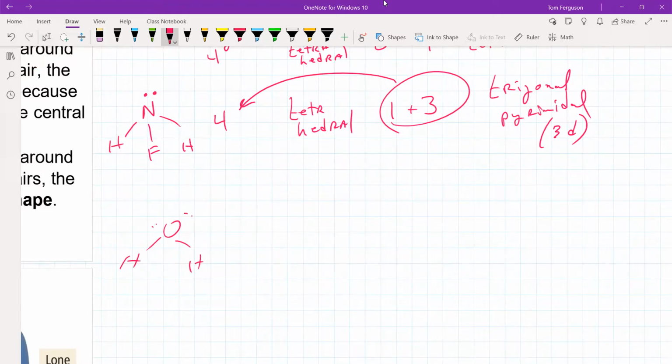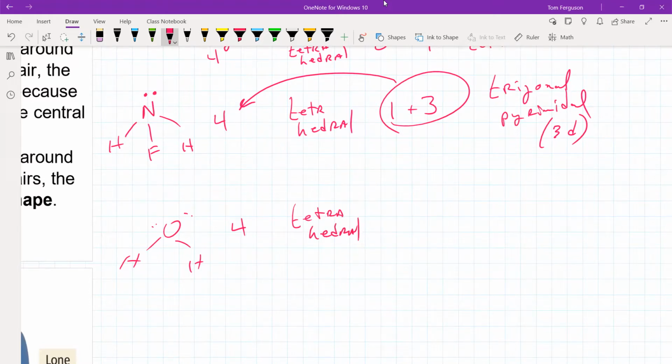Let's take water. Okay. How many electron groups? Four. You have to count all the electron groups, including the non-bonding ones. So 4 automatically is tetrahedral. Okay.